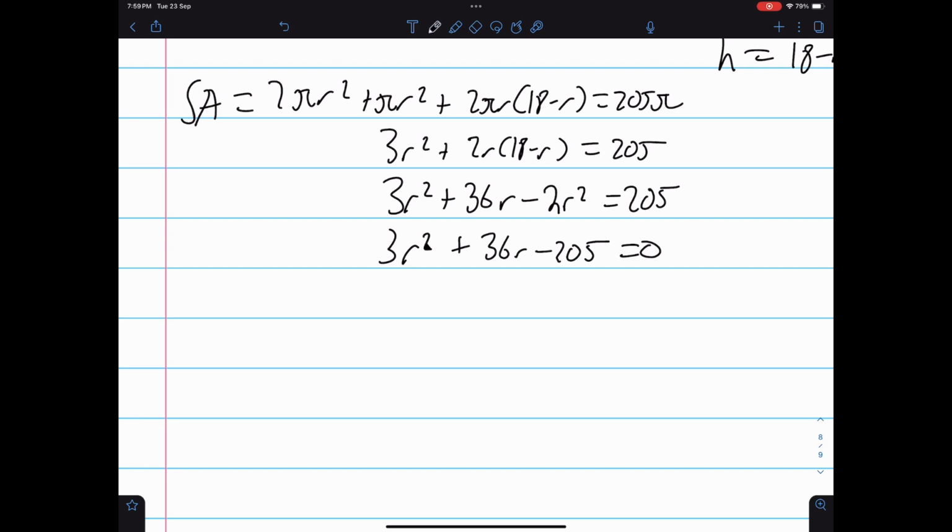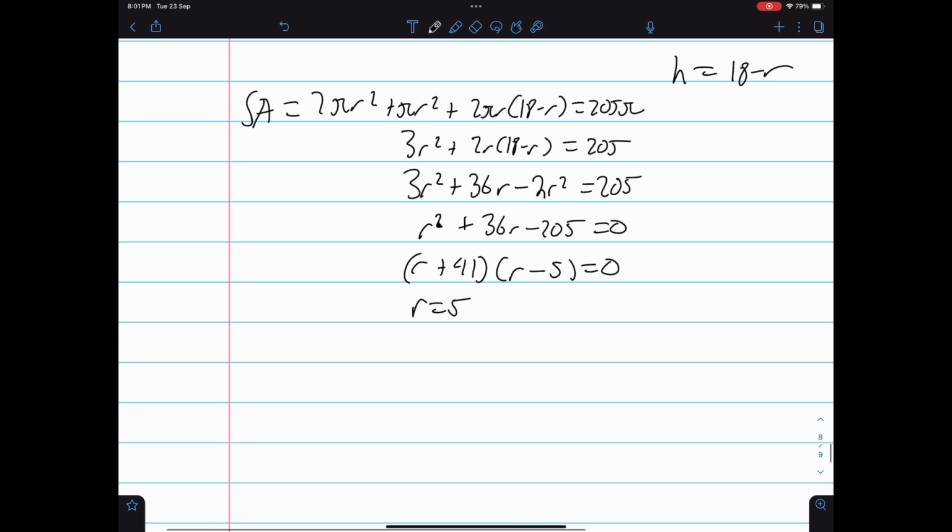Sorry, 3. Oh, no. So r will equal 5 because we only will take the positive.